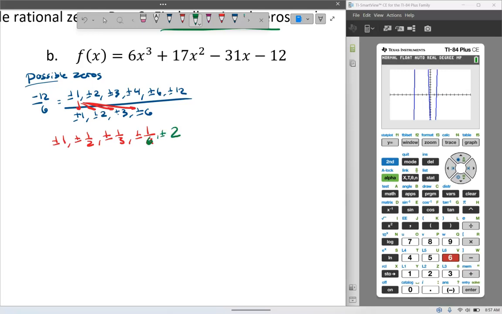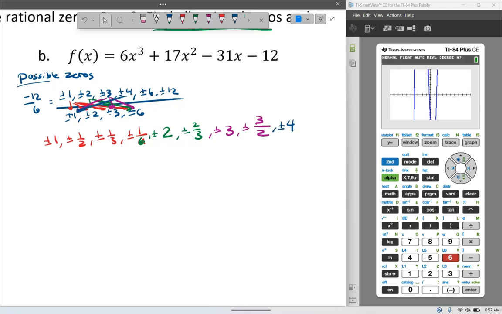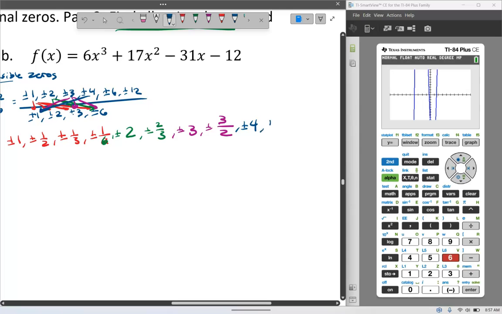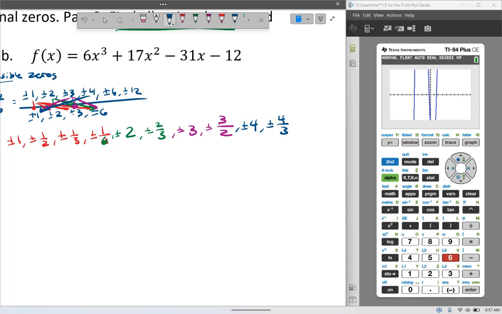Then we move to 2's. We have 2, that's 1 again, 2/3, 1/3 we already have. Now moving on to 3, 3, 3 over 2, 3 over 3 is 1, 3 over 6 is 1/2, moving on to 4. 4 over 2 is 2, 4/3 is new. 4 over 6 is 2/3, which we already have.